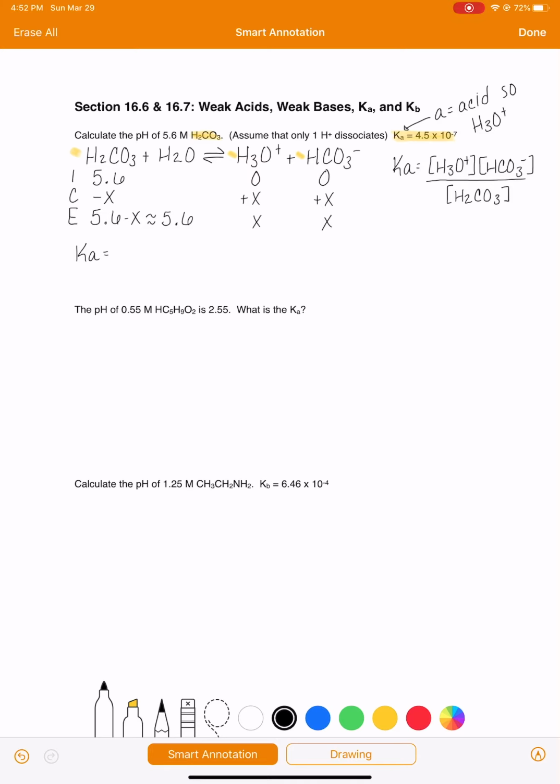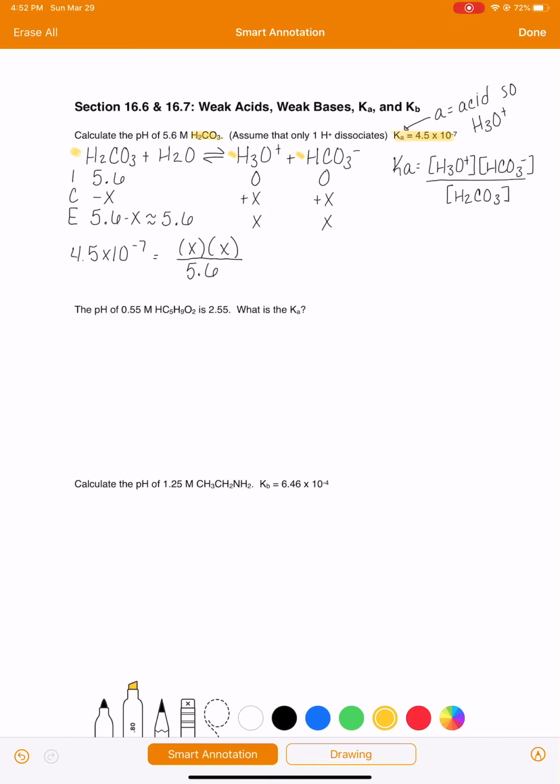We know the value of Ka. The problem tells us that Ka is 4.5 times 10 to the minus 7. We don't know H3O plus, but we're calling it x. And HCO3 minus, we're also calling x. And H2CO3, we're calling 5.6.